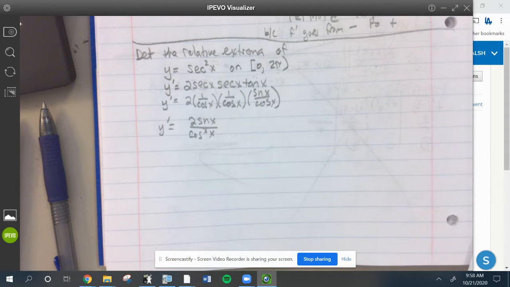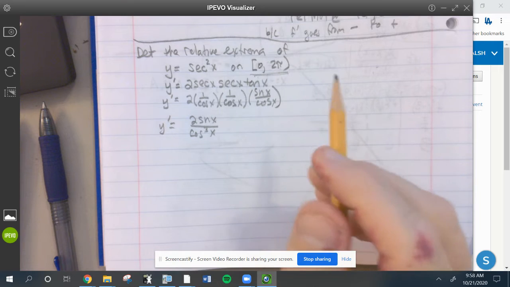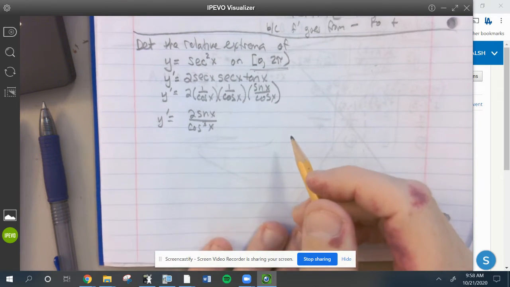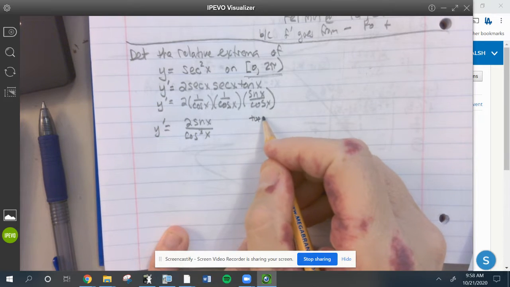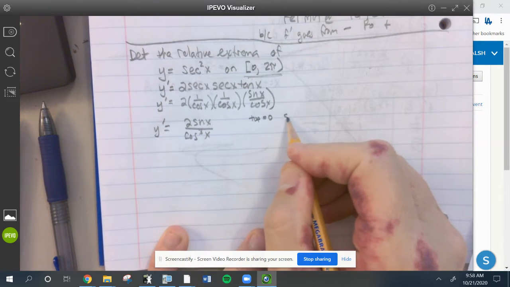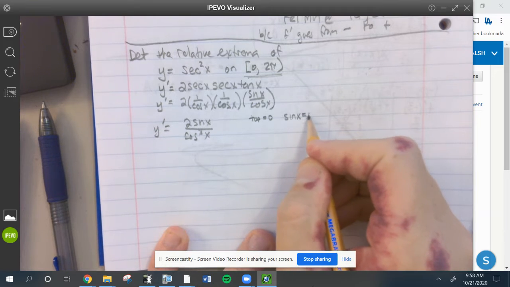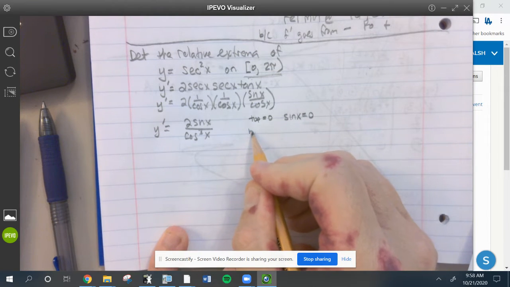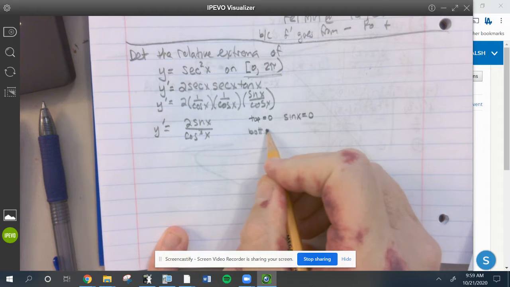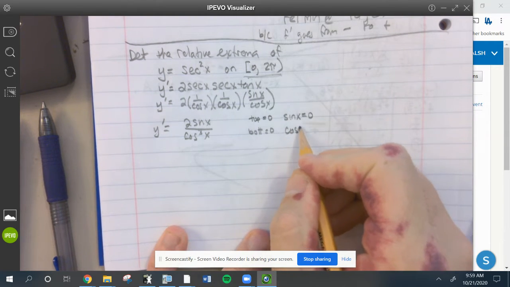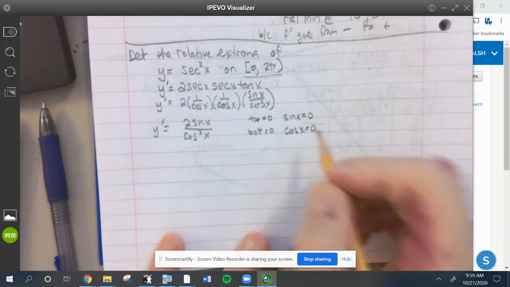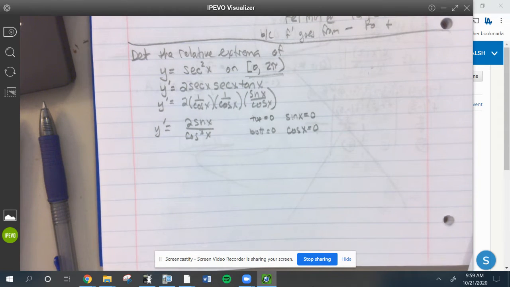So now we have to find the critical numbers, but only on this interval. The critical numbers are where the top equals 0, that's where sine of x equals 0, or maybe where the bottom equals 0, if they're not asymptotes. That's where cosine cubed equals 0, which is the same thing as where cosine is 0, because only 0 cubed is 0.